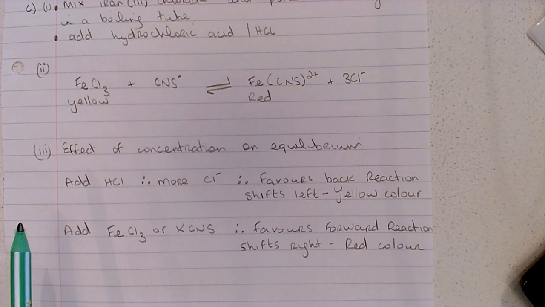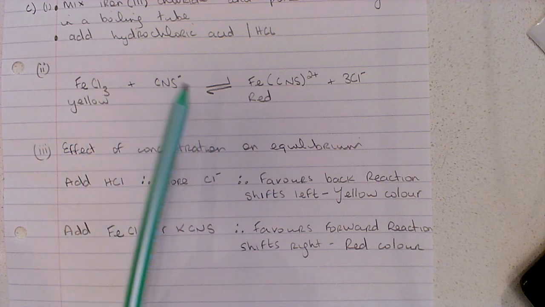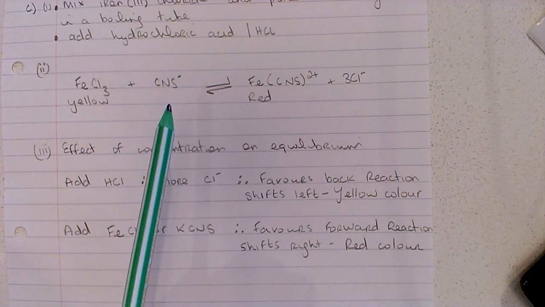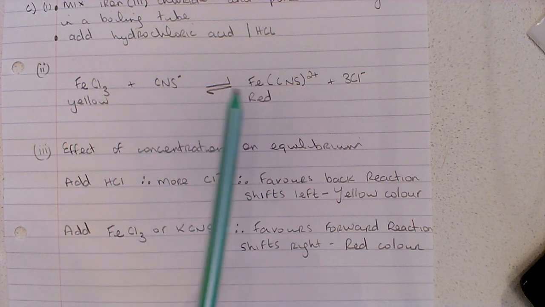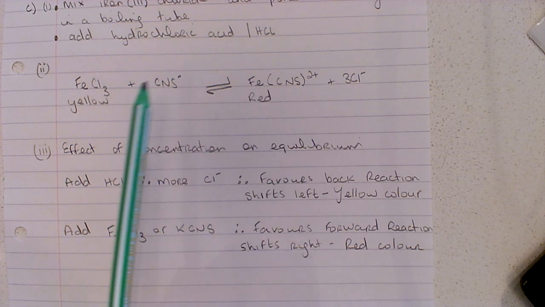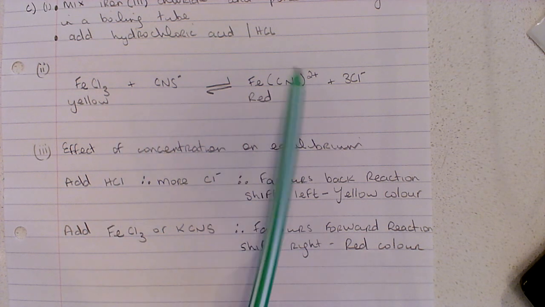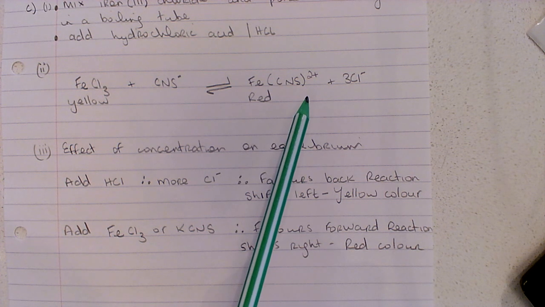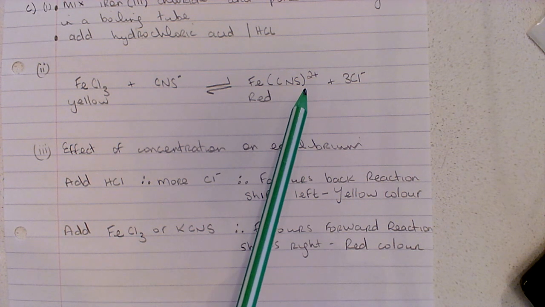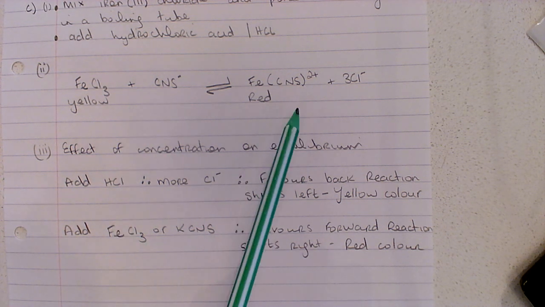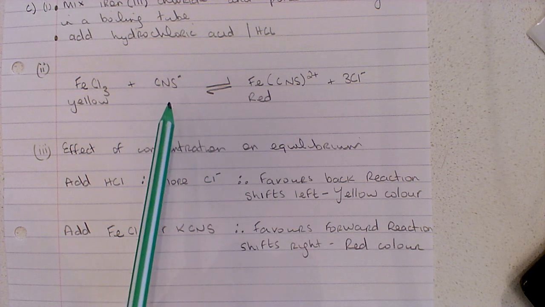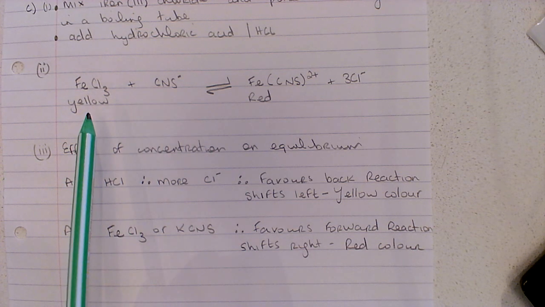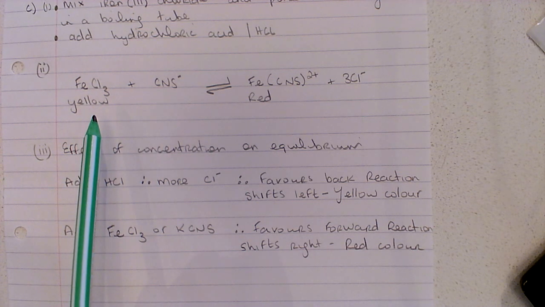If you look at the balanced equation here, if we are favouring the forward reaction, that's going to result in a lot of the red product being made, the iron thiocyanate. If we're actually favouring the reverse reaction, the back reaction, shifting to the left, we're going to favour the production of iron chloride, which is a yellow colour.